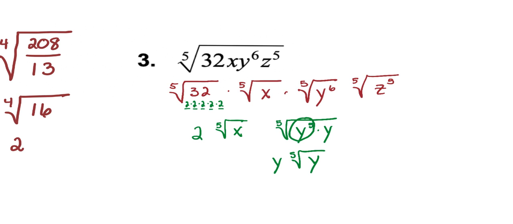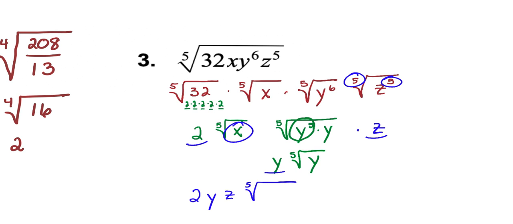And then for your z's here, you got 5 z's and you're taking the 5th root, so the 5th root of z to the 5th is just z. Okay, so I simplified them individually, but at the very end we just wrap it all up. I've got a 2 on the outside, a y came out, and a z came out. And who is stuck underneath the 5th root? The x is, and this y is, right there.